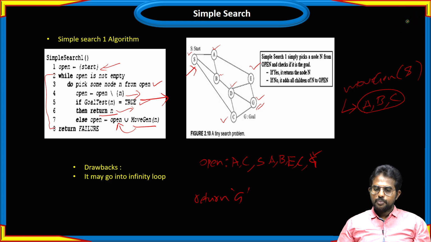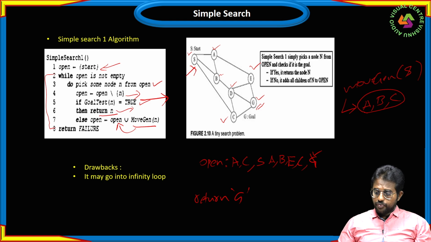So if we apply the simple search 1 algorithm, this is the working flow of the algorithm on the tiny search problem. The drawback is that it may go into an infinite loop.